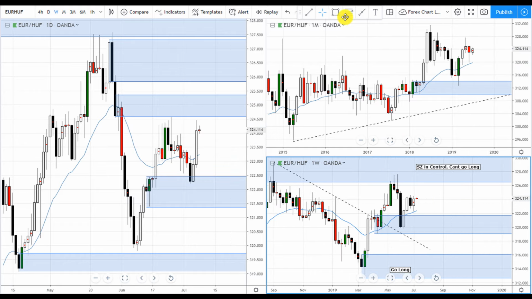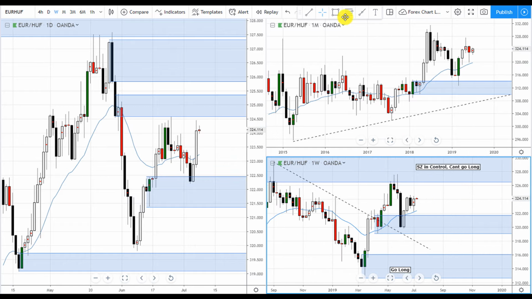Or, if you want to capture more pips, you will want the supply zones to be removed, but that's going to take a long time. So it's up to you if you want to do a counter-trend short and capture these pips between the supply zone here and the supply zone on the weekly.